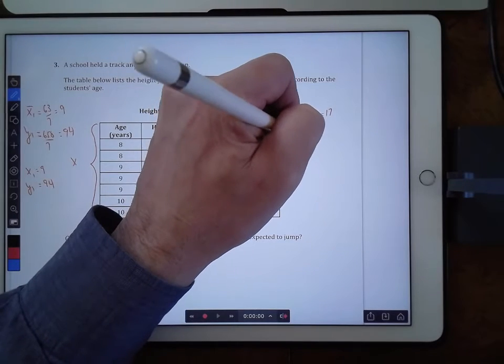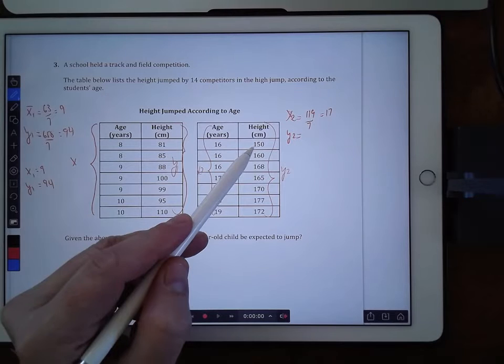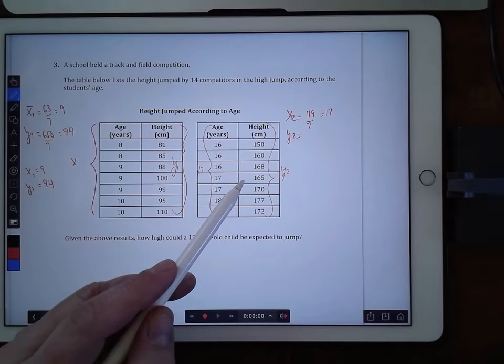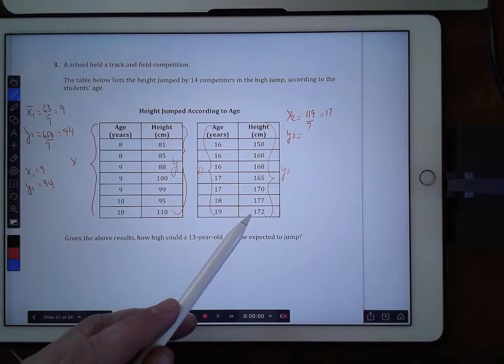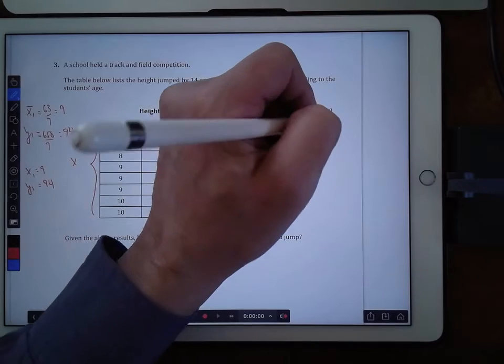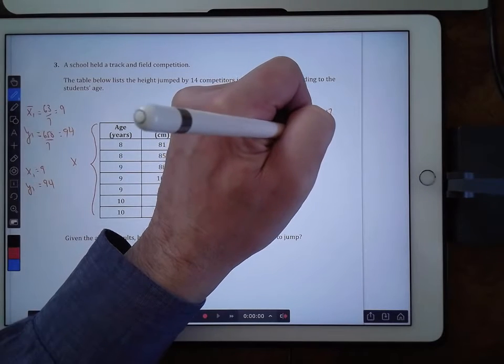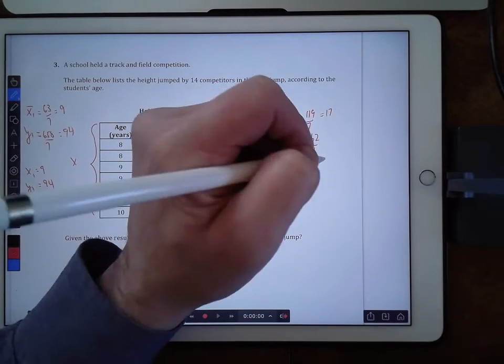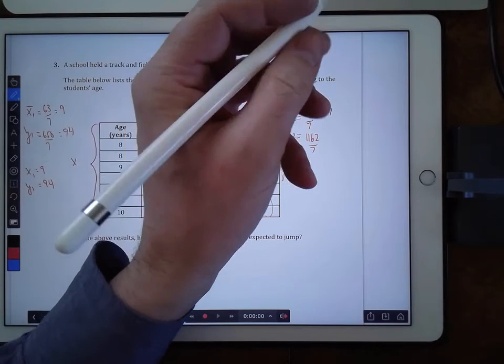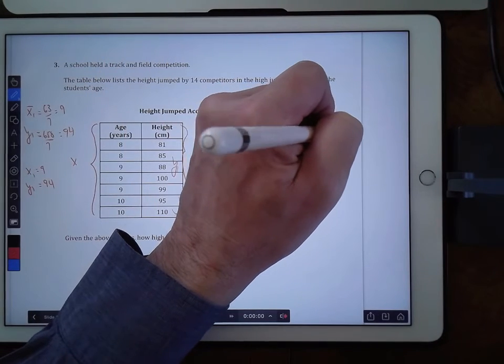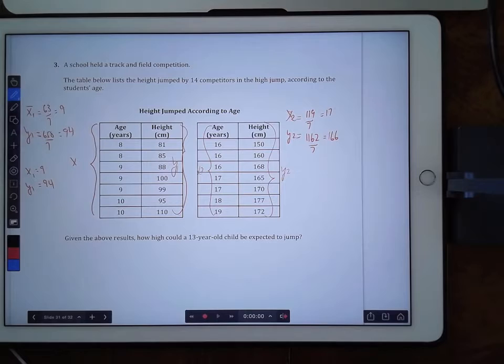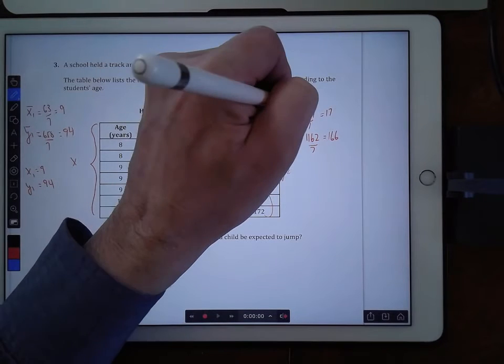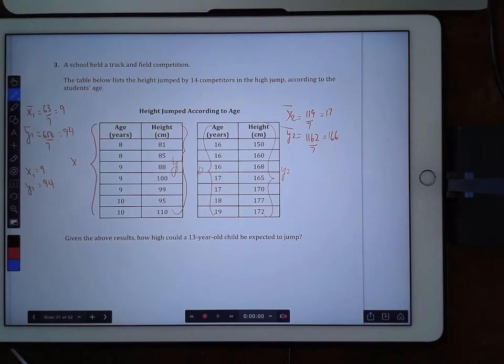And the y2, when I add up 150, 160, 168, 165, 170, 177, and 172, gives me 1,162, which I'll also divide by 7, which gives me an average of 166. So the averages for both sides have been done.